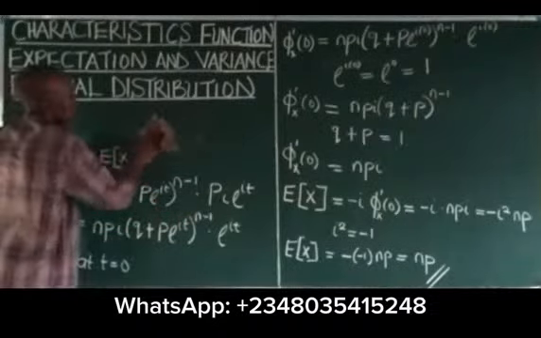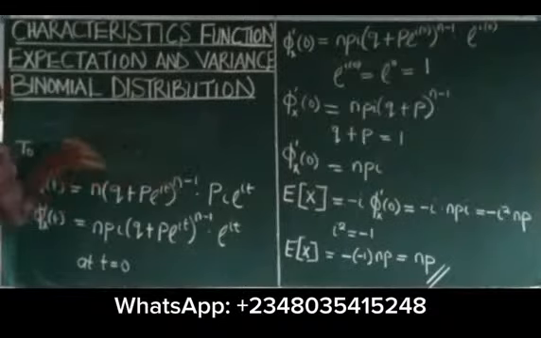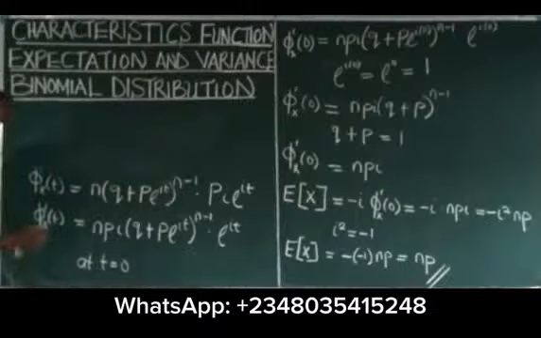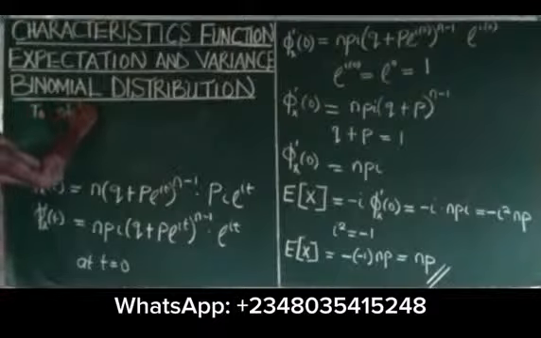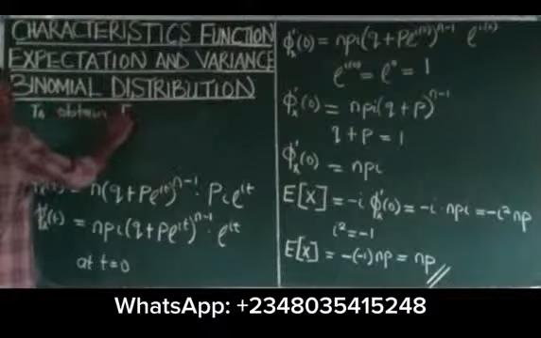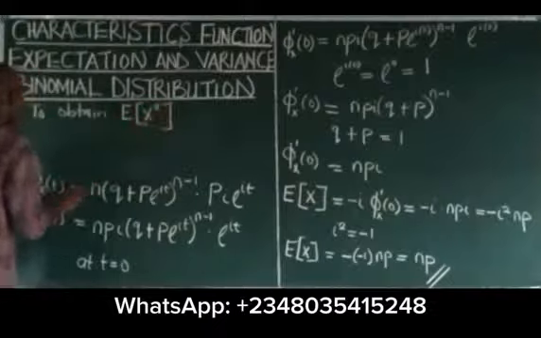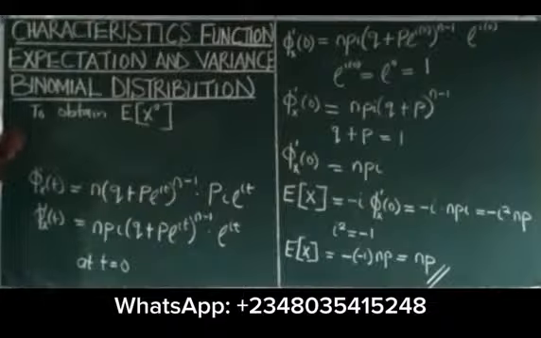So to obtain the expected value of x squared, we need to find the second derivative of the characteristic function of the binomial distribution.